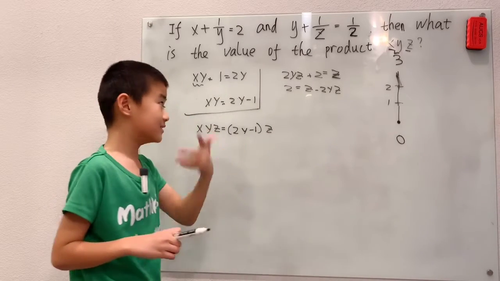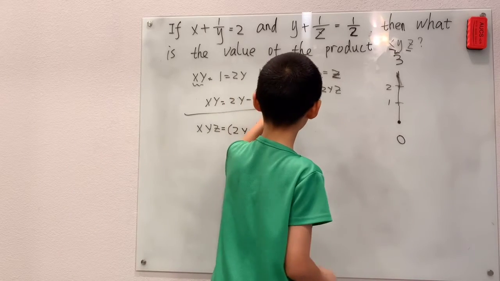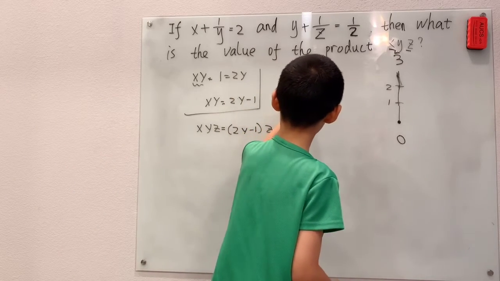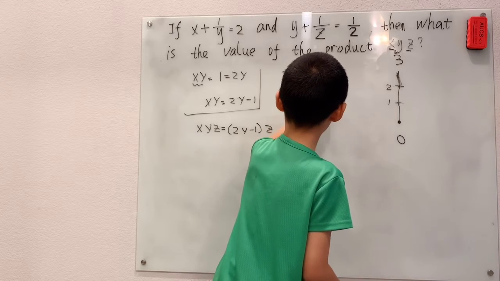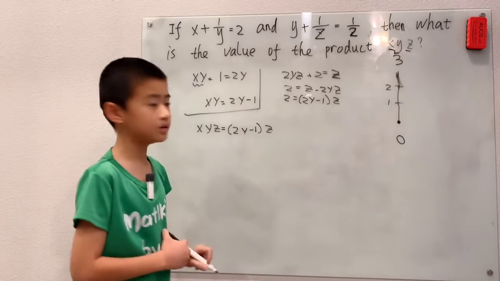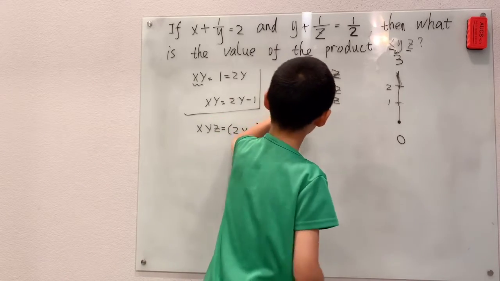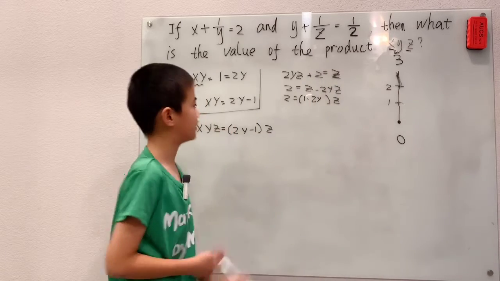And I think all of you watching this video know how I can factor: 2y minus 1 times z. No, the opposite, sorry, 1 minus 2y.